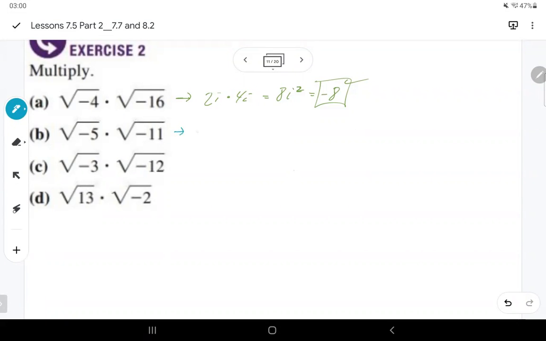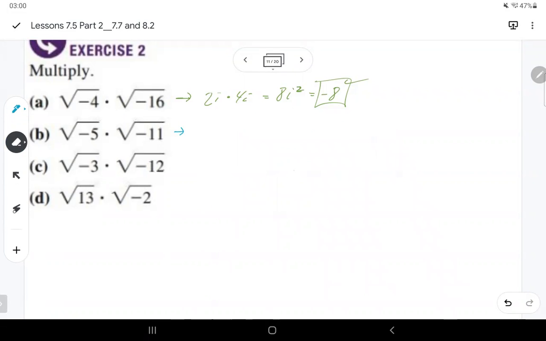All right, so here we would have 5i times 11i gives me 55i squared, which is negative. Oh yeah, apologies.